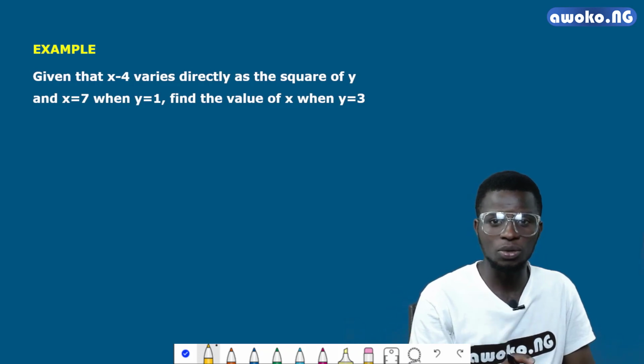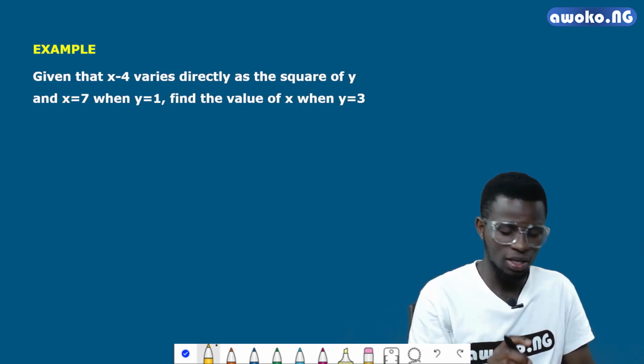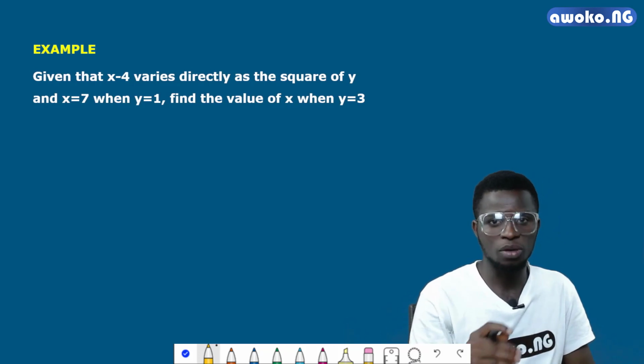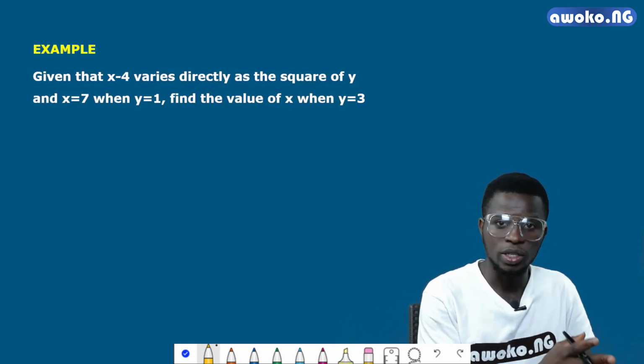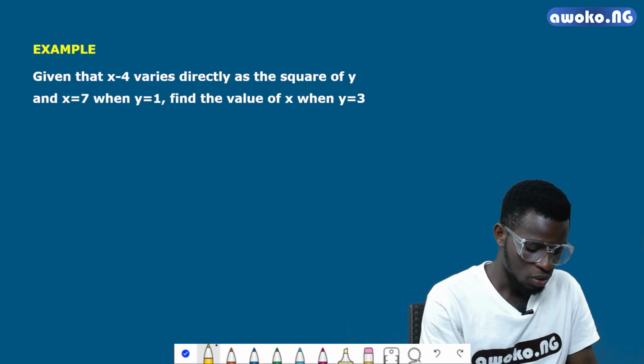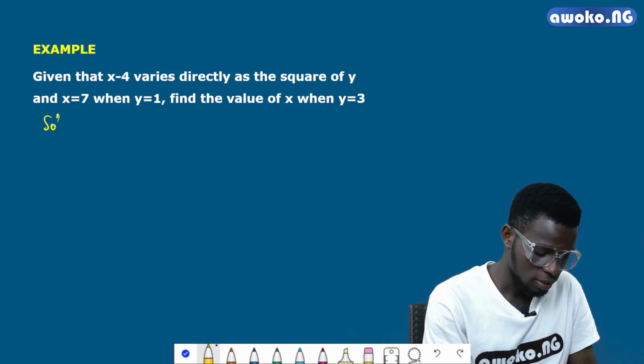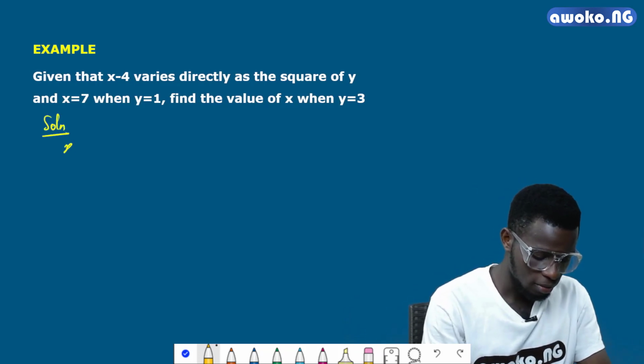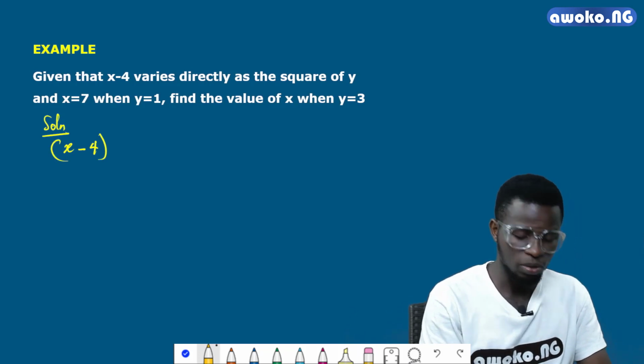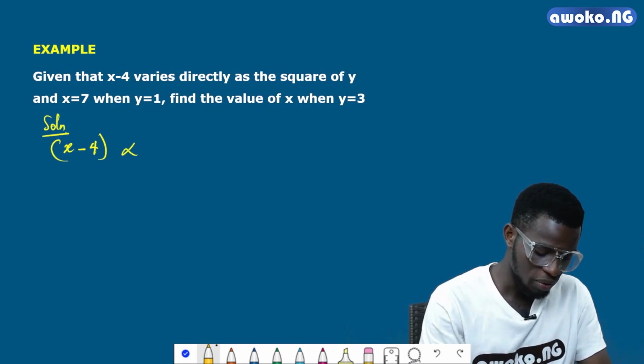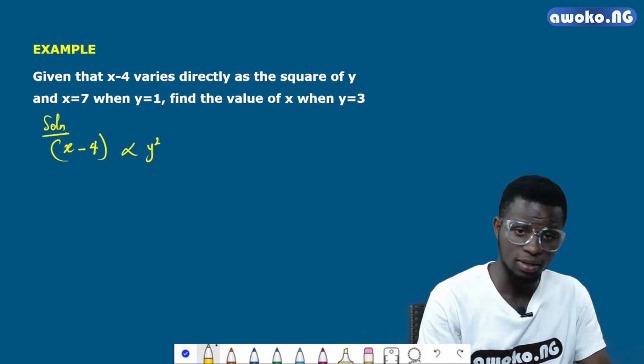That is the question that we have in front of us. I told you that the first step is to write the relationship between the given quantities. We were told that x minus 4, being the first quantity, varies directly as the square of y. That is the relationship.